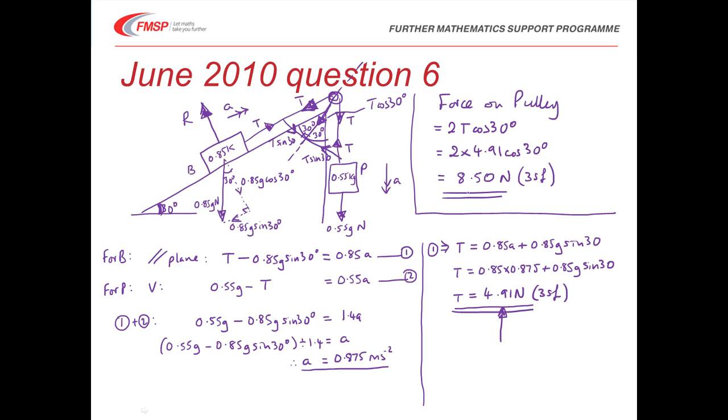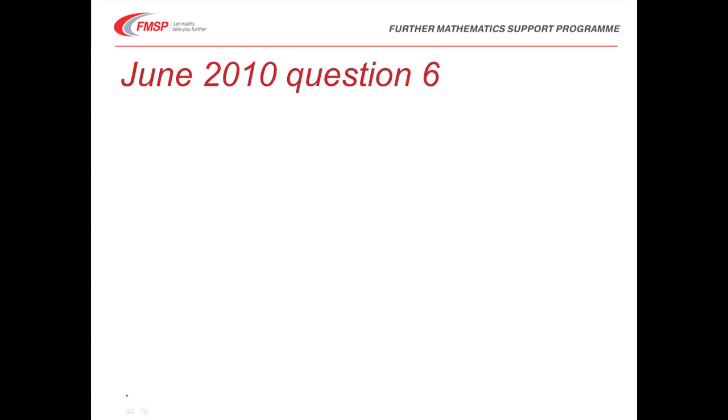Okay, let's move on from there and keep the piece of information which matters most, that the acceleration is 0.875. Let's find out what happens when everything is released from rest.